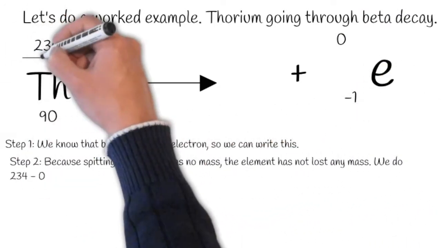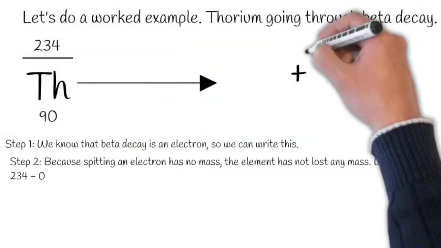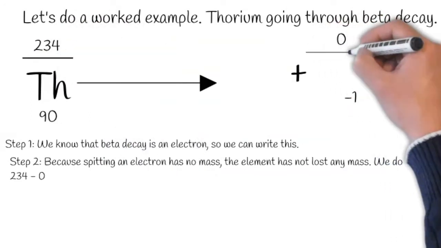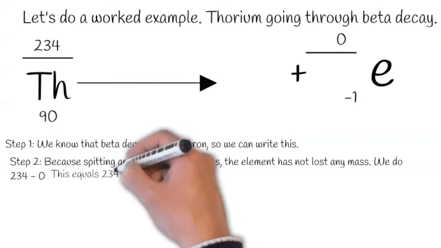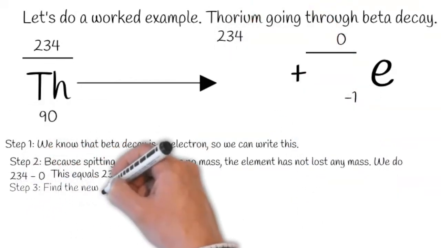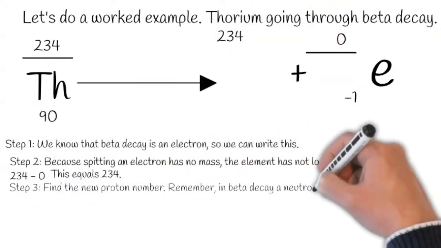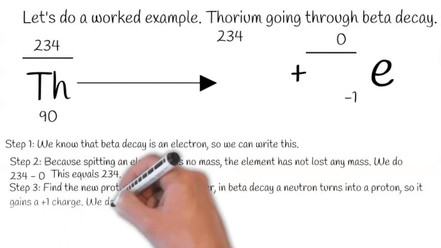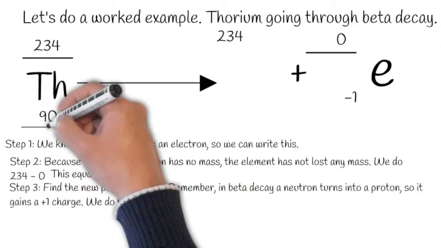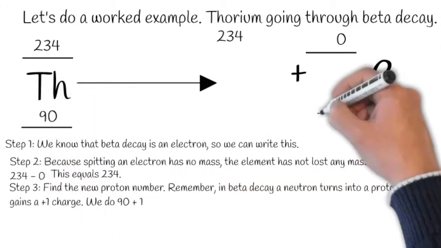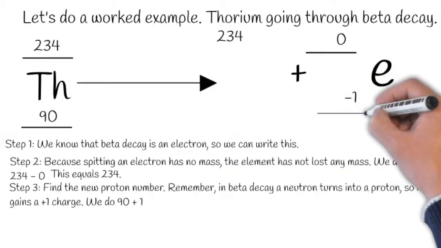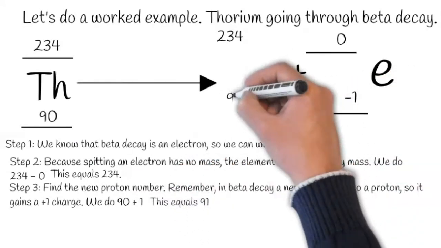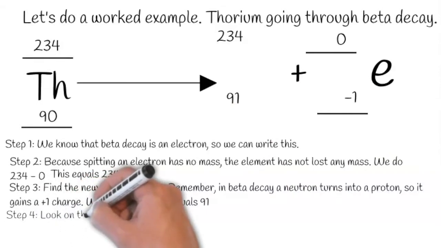Because spitting out an electron has no mass, the element has not lost any mass. So we'll do 234 minus 0 and it will still be 234. So we can write that in. Then we've got to find the new proton number. Remember, in beta decay, a neutron turns into a proton. So it gains a +1 charge. So we do 90 plus 1 and it will equal 91.